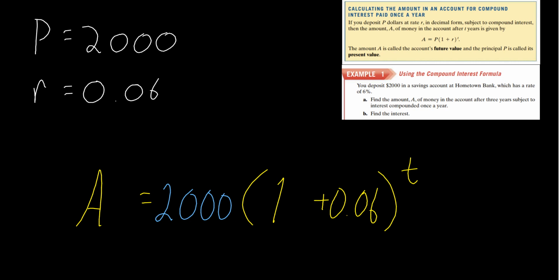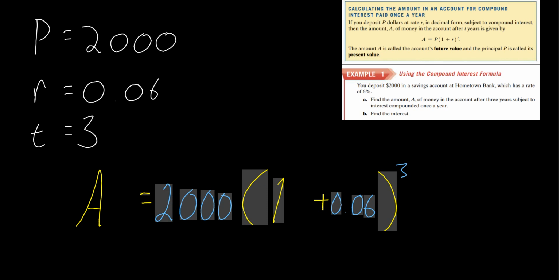And then time, it says after 3 years, so let's put that in blue as well, just to stay consistent. The time we were told was 3 years. Time, 3 years.